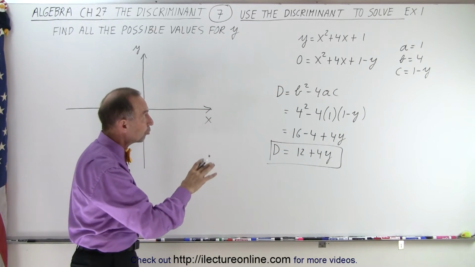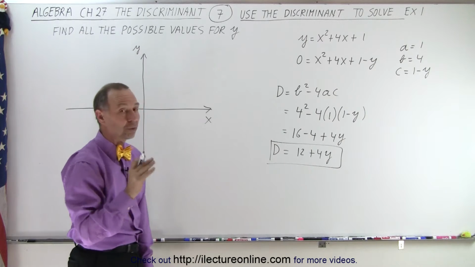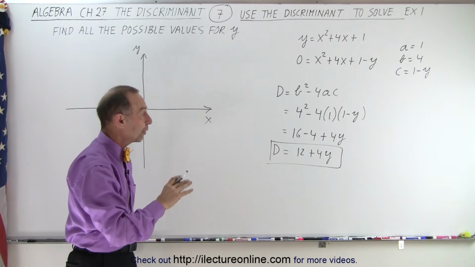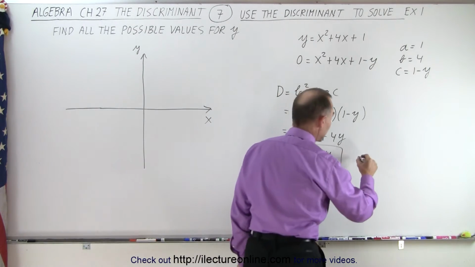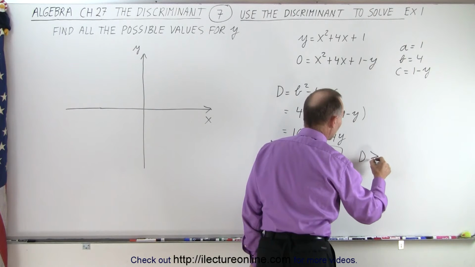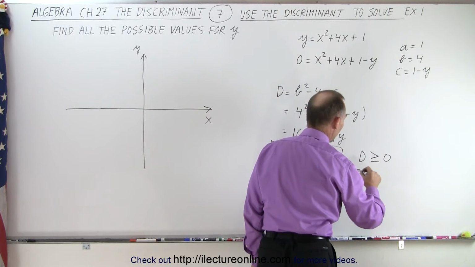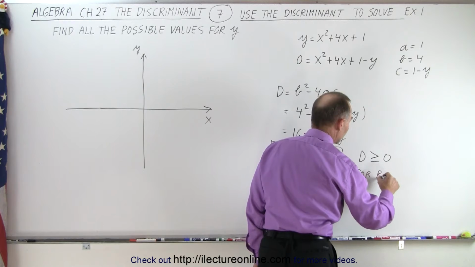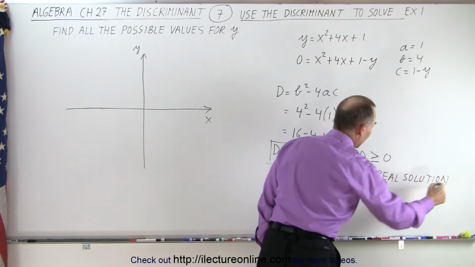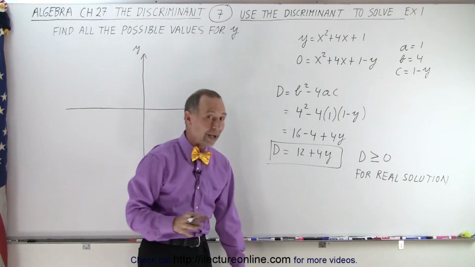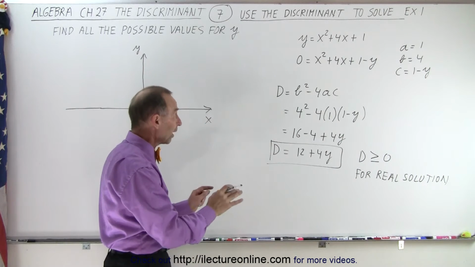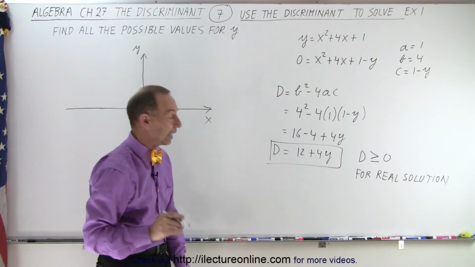Notice that in order to solve that equation, the discriminant must be greater than or equal to 0 for any real solutions. So we need D to be greater than or equal to 0 for a real solution, which means that 12 plus 4y must be greater than or equal to 0, otherwise there's no real solution to that equation.